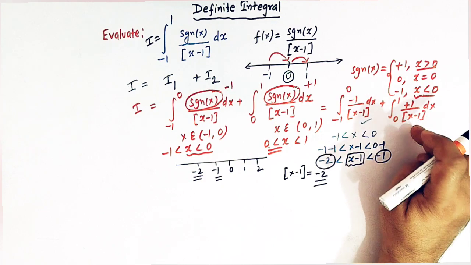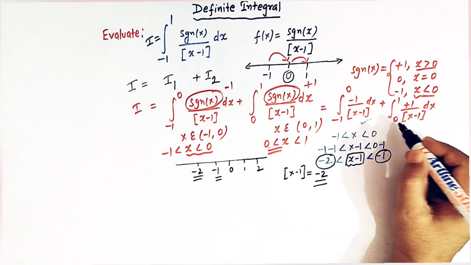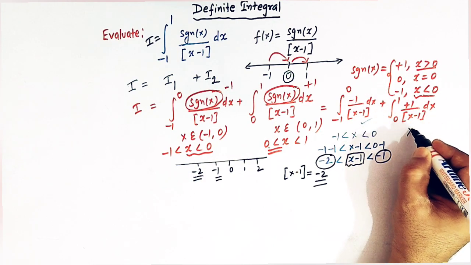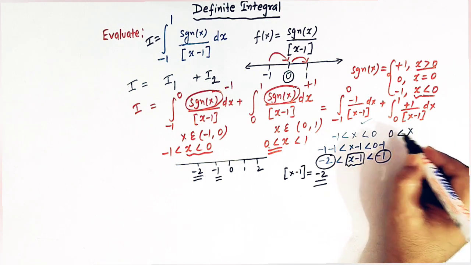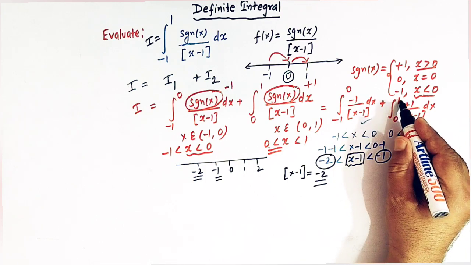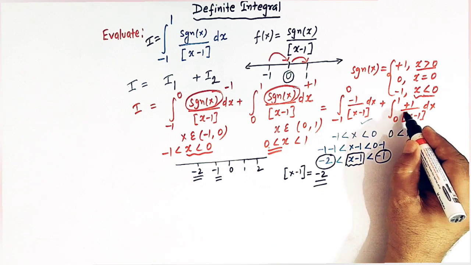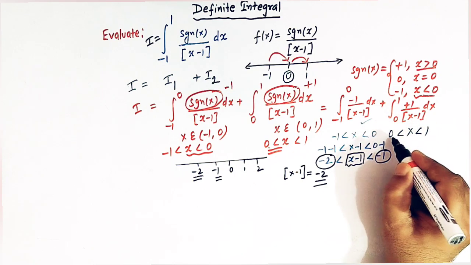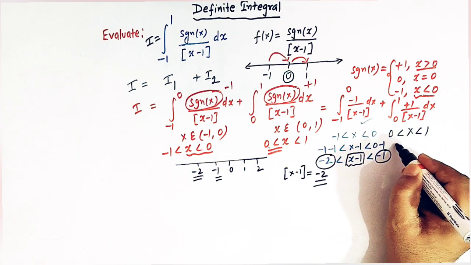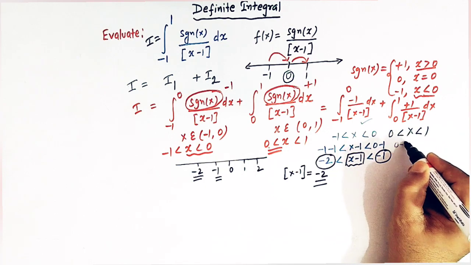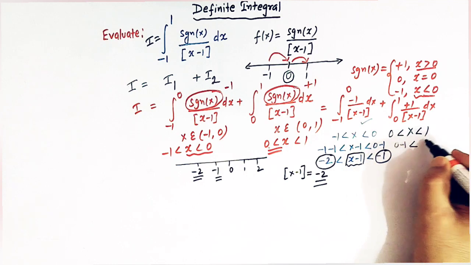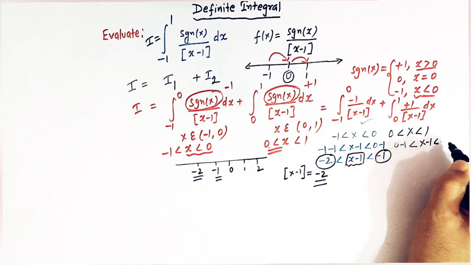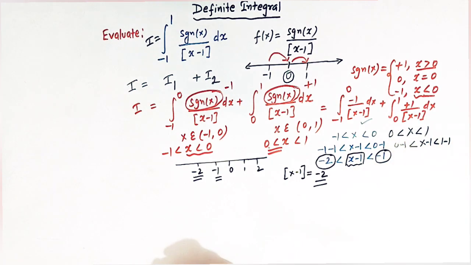Now in the second integral, we have the limits, that is x lies between 0 and 1, 0 and 1. So to get x minus 1, we subtract 1 throughout this inequality. So we'll get 0 minus 1, then here we have x minus 1, then we have 1 minus 1, right?